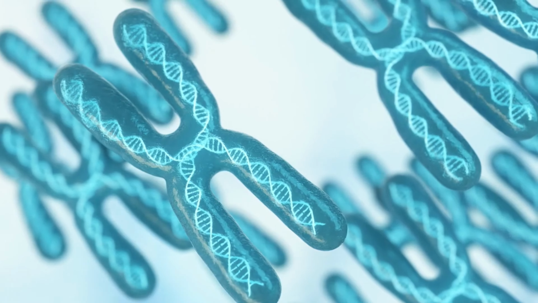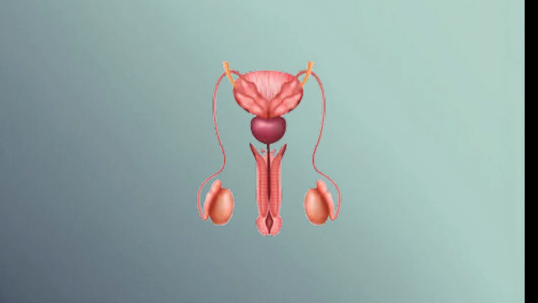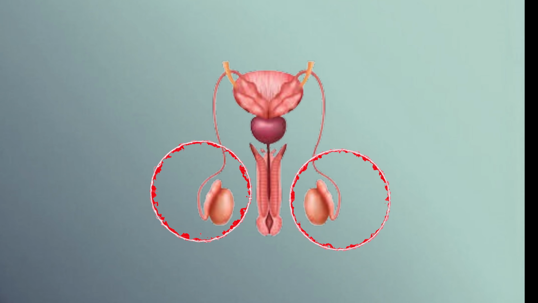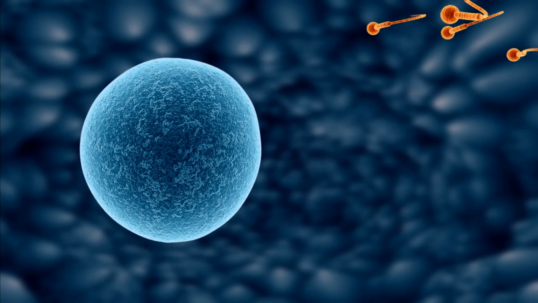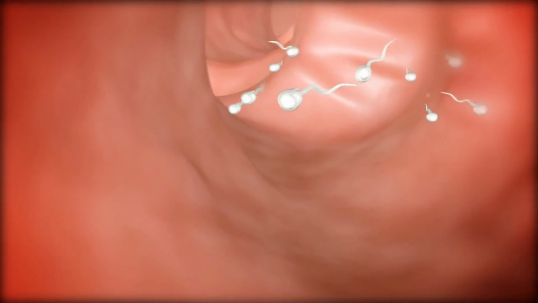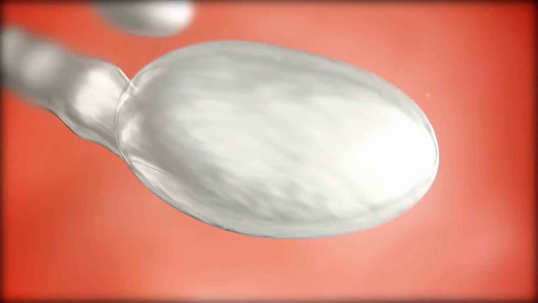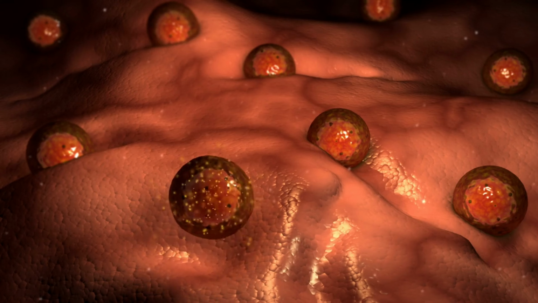Do you know where and when does meiosis occur? Meiosis takes place in the gonads, the testes in males, and the ovaries in females. This process happens during the formation of sperm cells, which is known as spermatogenesis, or during the formation of egg cells, which is known as oogenesis.